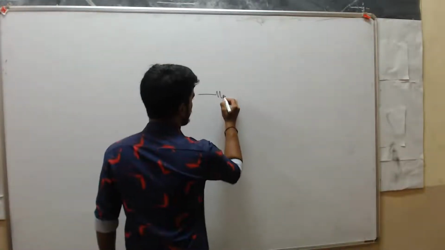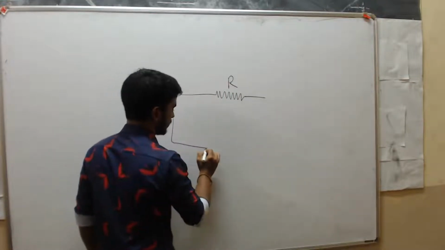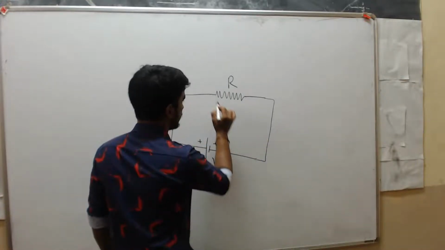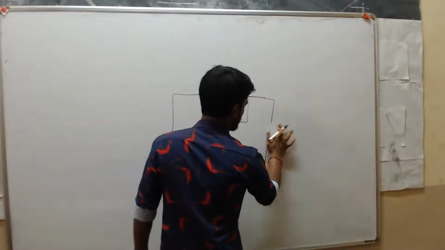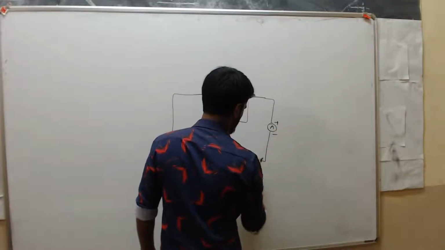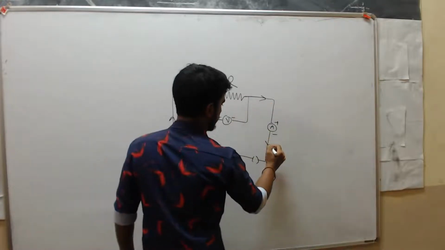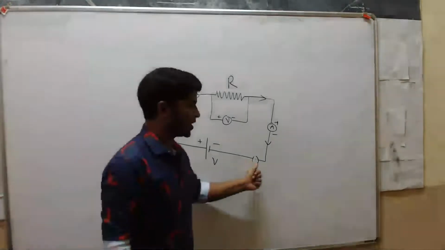See here. Now just consider one conductor. Its resistance is R, connected to one battery cell. When you turn on this key, what will happen?